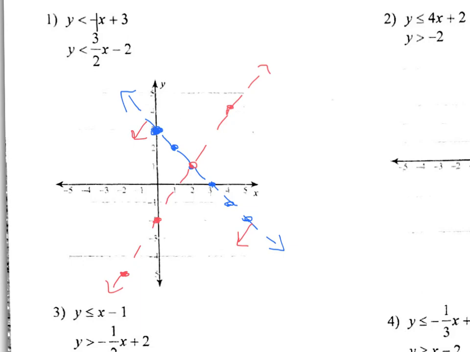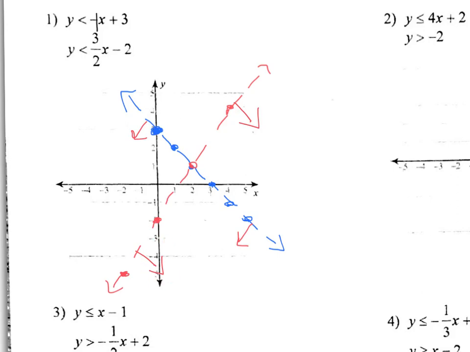Now on this line, it is also a less than. So we need to imagine which arrows are going to be facing down, and draw arrows in that direction. If I were to draw my arrows, these ones would be facing in the downward direction.